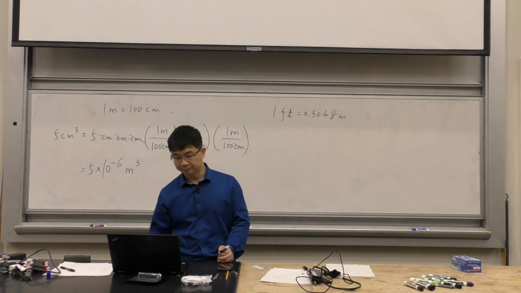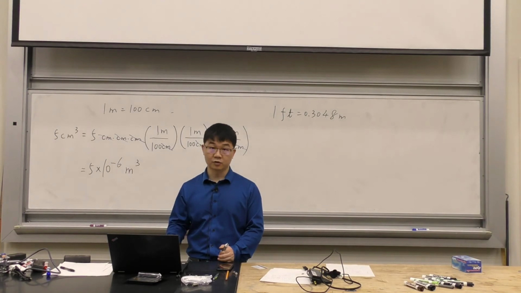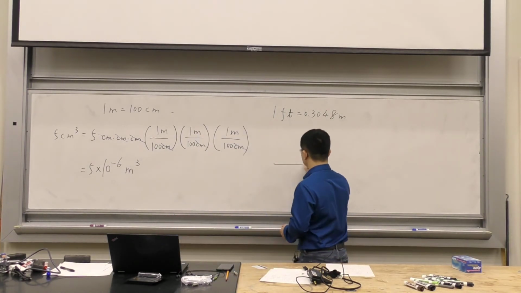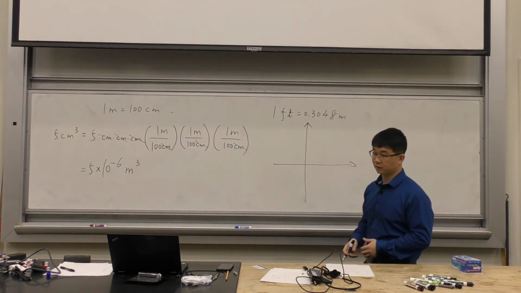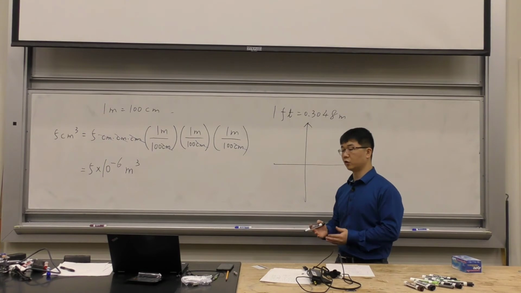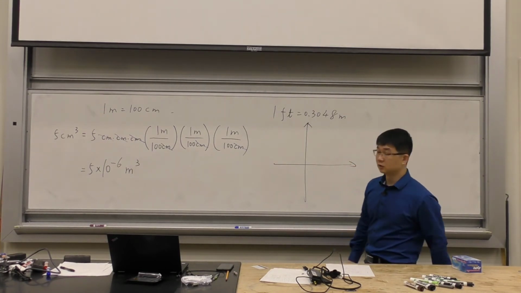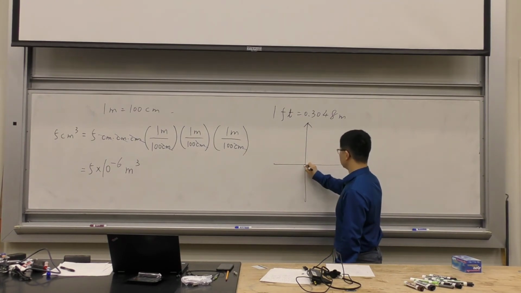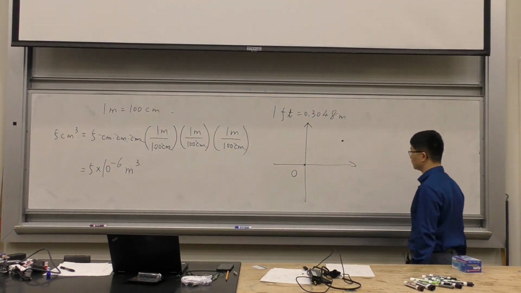So I can specify the location of an object very precisely, right? Say if we just do things in 2 dimensions, that's what we're going to do in this class. We're not going to go to 3 dimensions in this intro-level physics class. So this is going to be the origin I pick. And then how do I specify the position of this object?